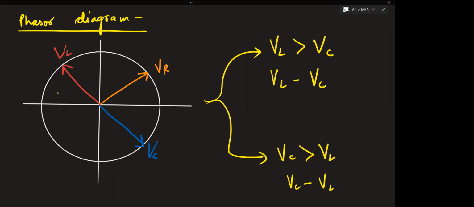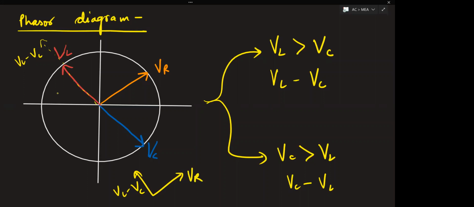So this is your phasor diagram. Now, if VL minus VC is the case, then your resultant will point here. This will be the line for the resultant, VL minus VC. So what will be left? Just this much is left: VL minus VC and VR.